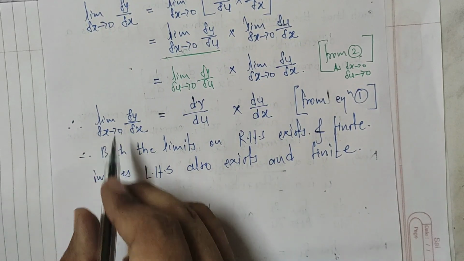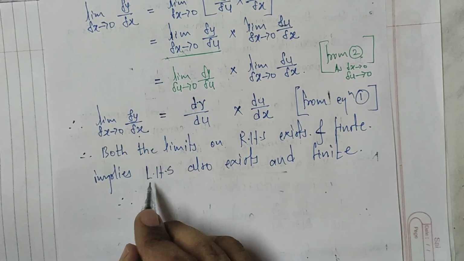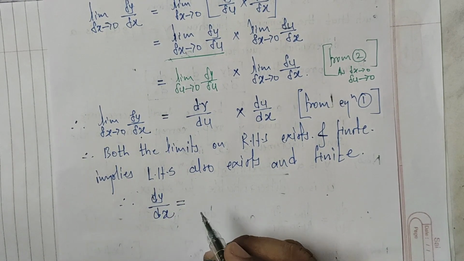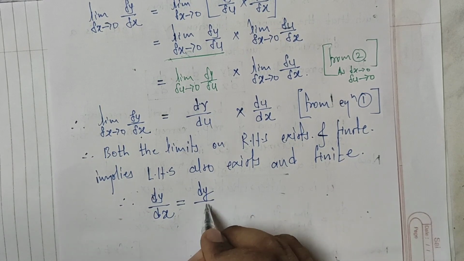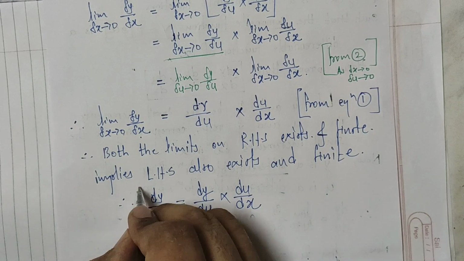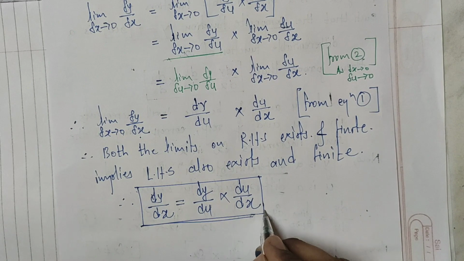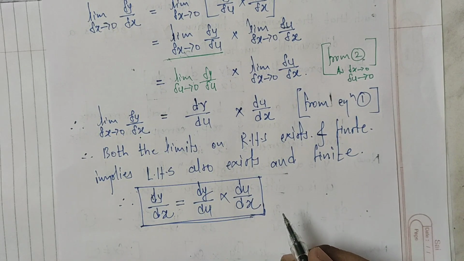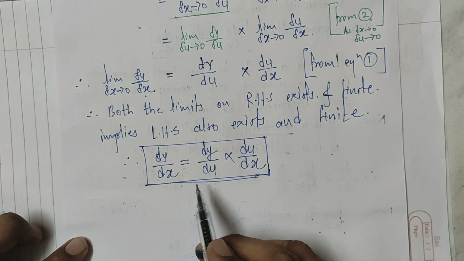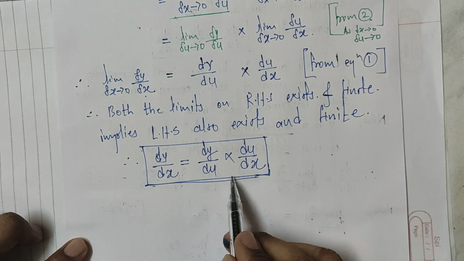LHS in derivative form, delta y upon delta x as limit delta x tends to 0, we get dy upon dx is equal to dy upon du into du upon dx. This rule, this theorem, is called the chain rule. Hence the proof is complete. Whenever we want to find derivatives of a function by the chain rule, we use this formula.